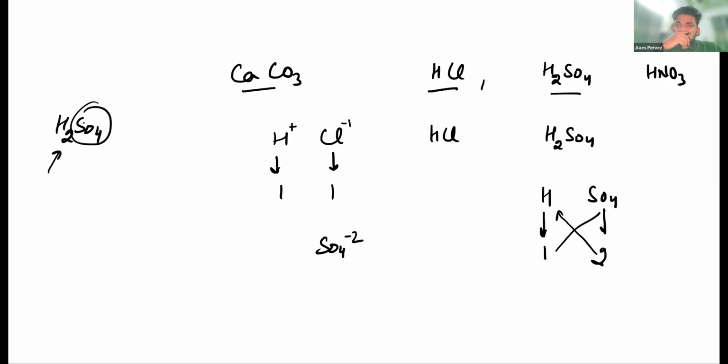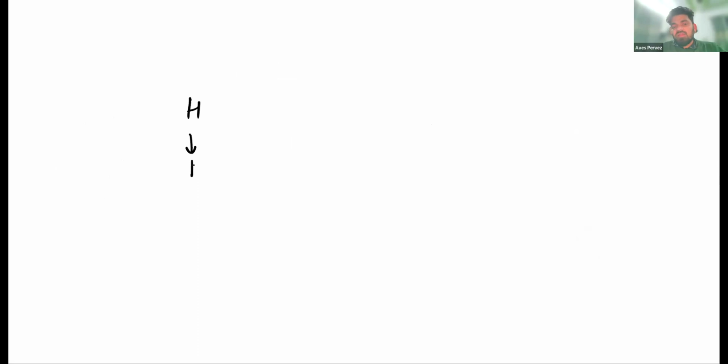Let me explain. If you are able to memorize the formula of H2SO4, how is it formed? Hydrogen carries valency 1 and SO4 carries valency 2.